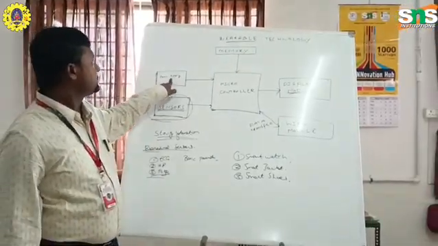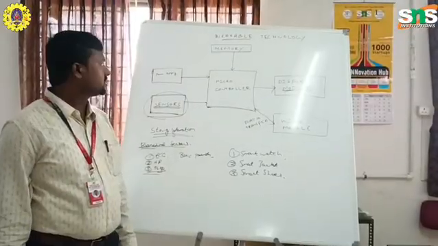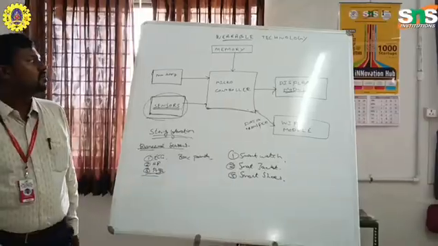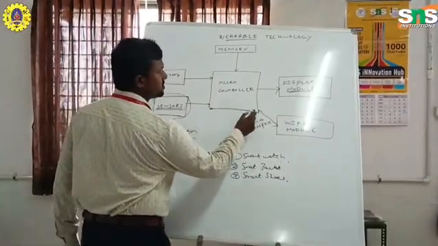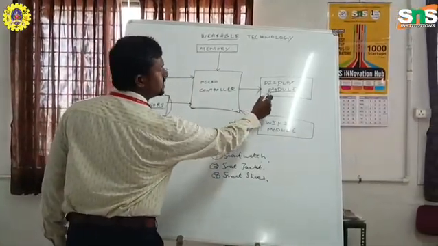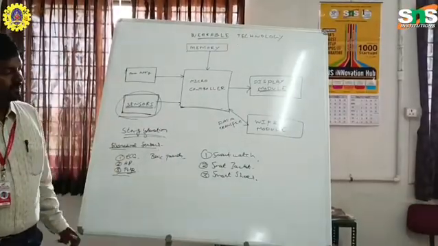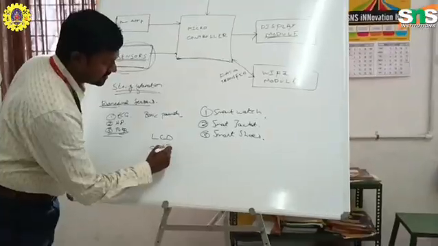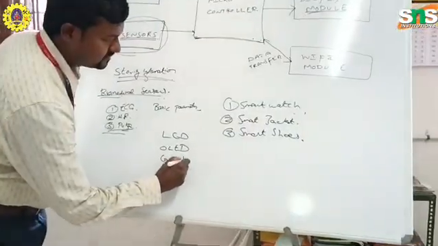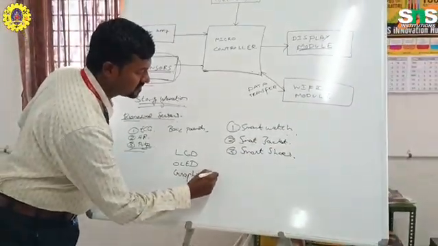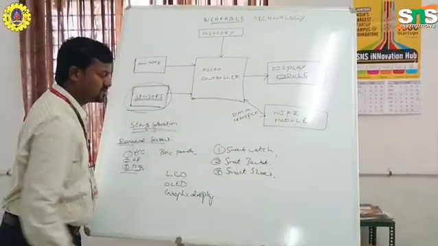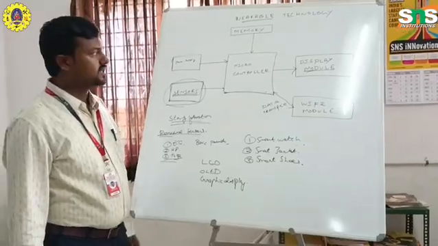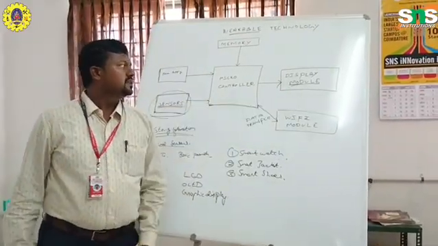The power supply of 5 volts is given to the microcontroller, or even a battery can be used to operate the microcontroller. Once the microcontroller performs its duty, the value can be seen in the display module. The display module consists of LCD, OLED, graphic display, etc. So the user or the doctor can see the patient's basic parameters.